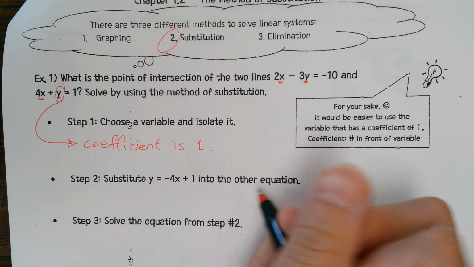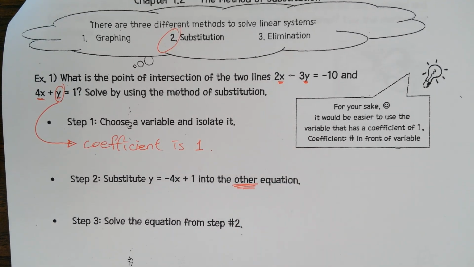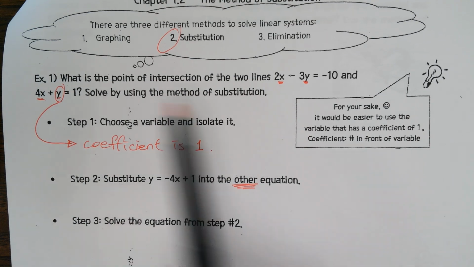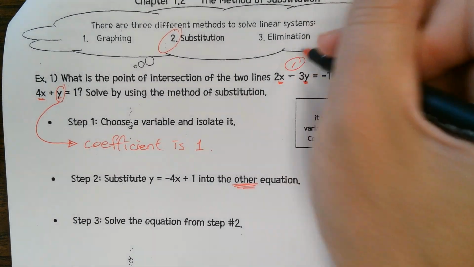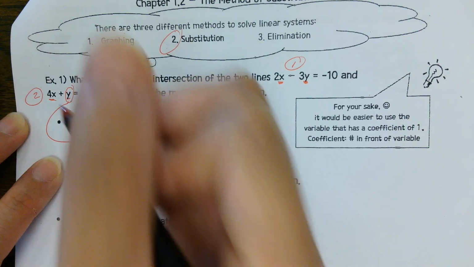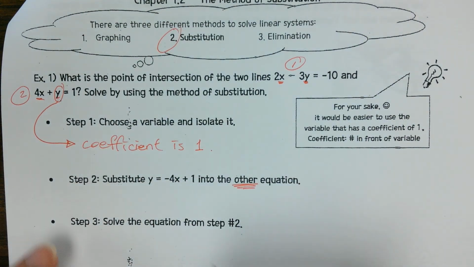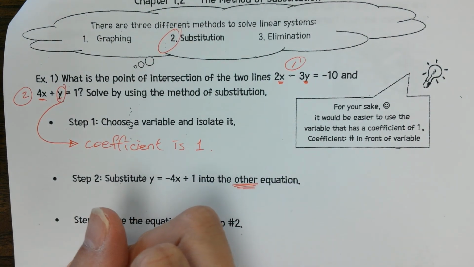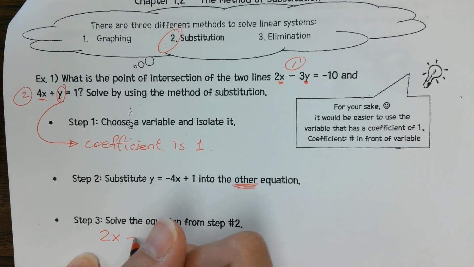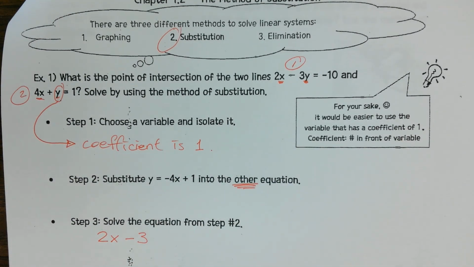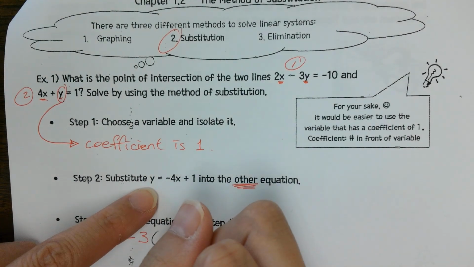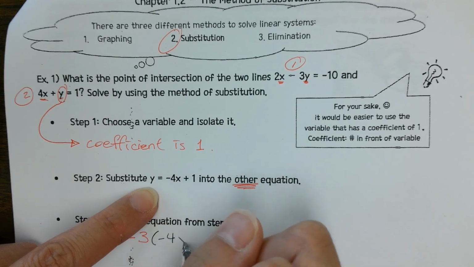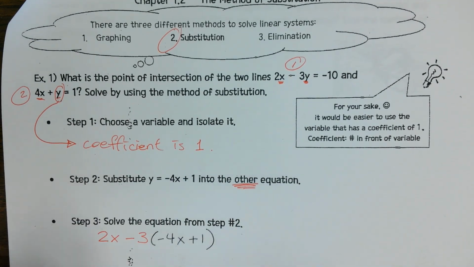I'm going to substitute it into the other equation. Alright, so if this is my equation 1, and this is my equation 2, I'm going to substitute that into here. So 2x minus 3, instead of the y right now, I'm going to substitute in negative 4x plus 1.